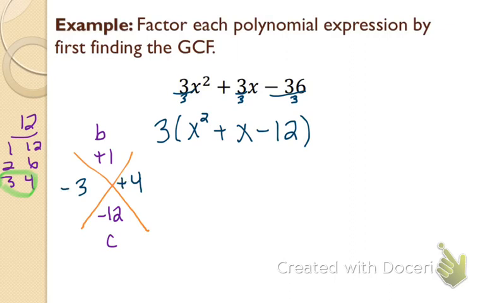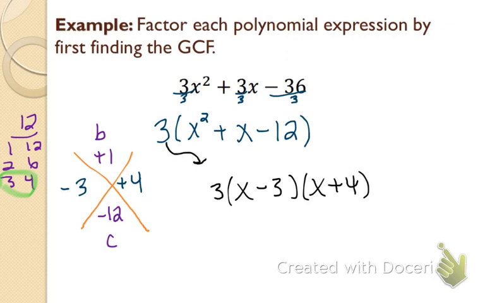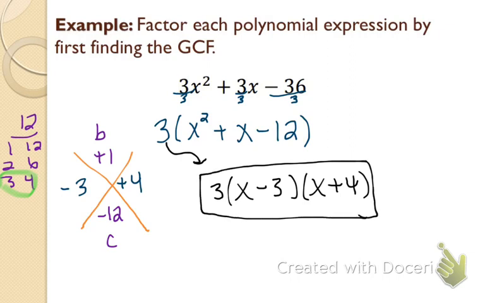So in our final answer, for sure we have to have x and x in both binomials. One of them is going to have a minus 3, the other is going to have a plus 4. But let's not forget about that 3 that we factored out in the very beginning of this problem.